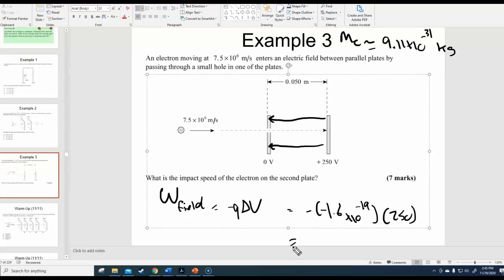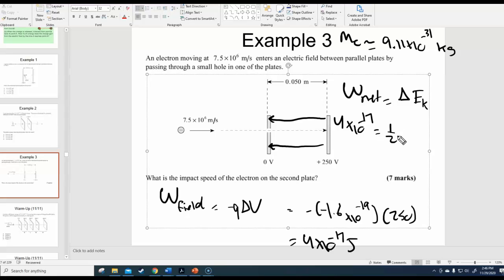Okay, and so I can calculate the energy gained by the electron is this many joules, and then I can use the work energy theorem to calculate how fast the electron is moving after it gains this extra energy. Okay, in other words, I'm looking for V final.